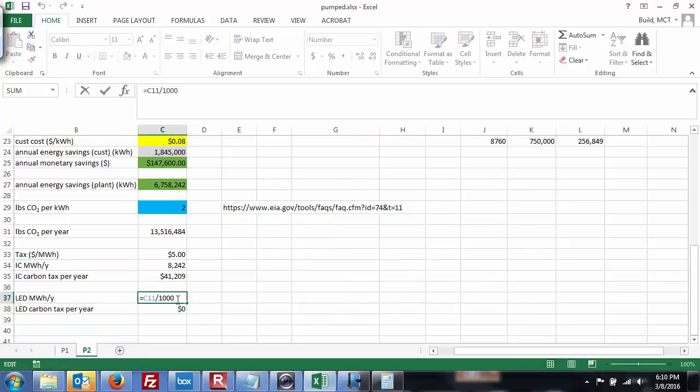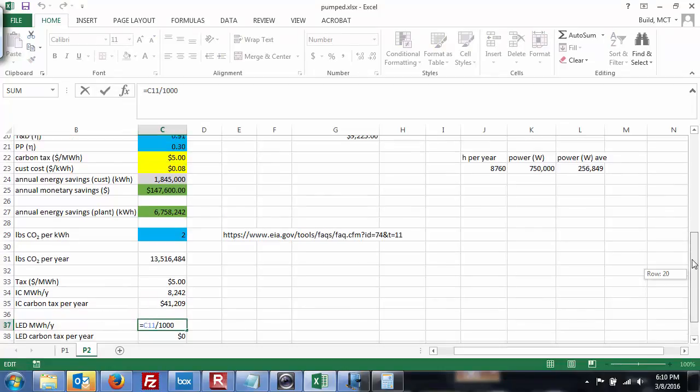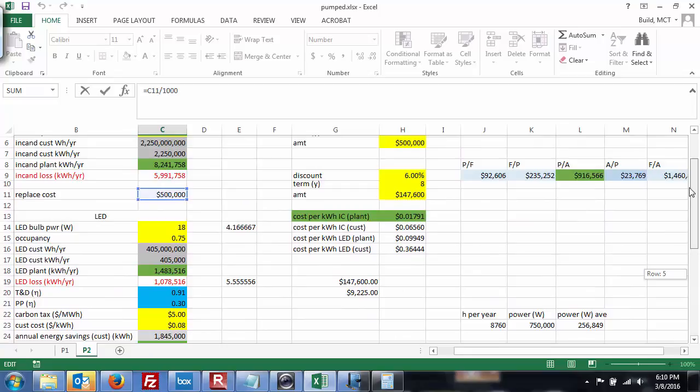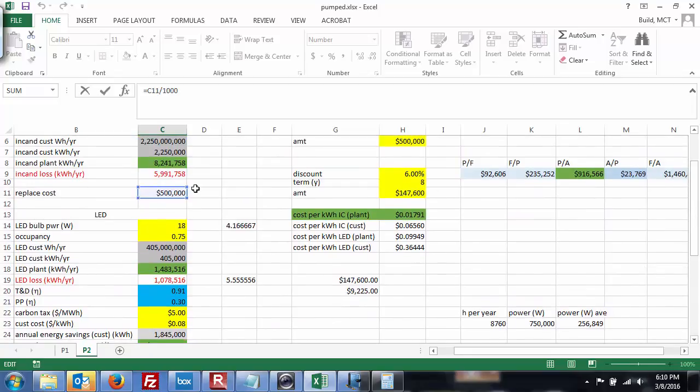So now we just go up here, and I'm looking at the LED kilowatt hours per year from the plant, there it is.